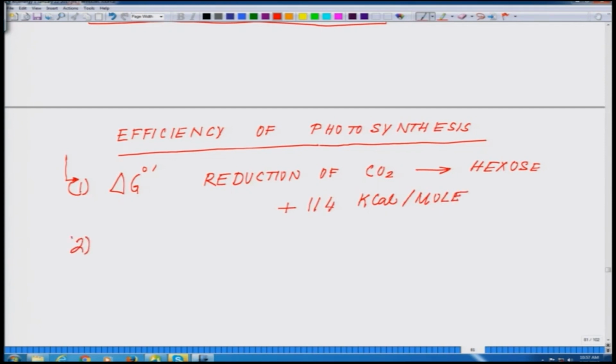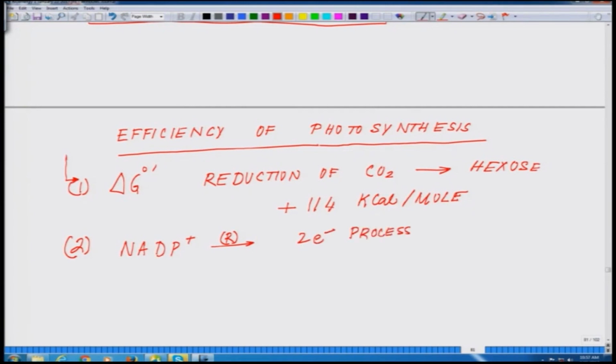Second, the reduction of NADP plus to NADPH is a 2 electron process.